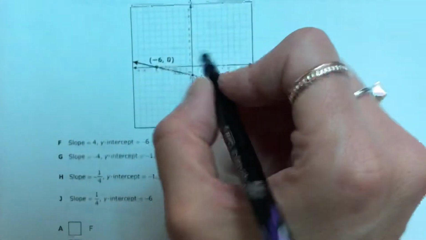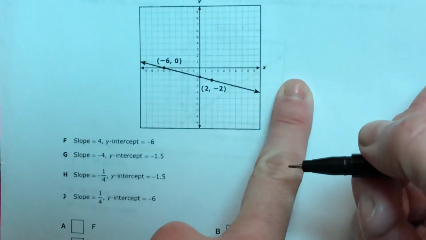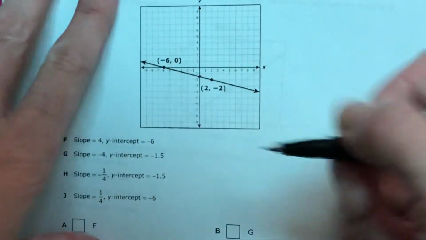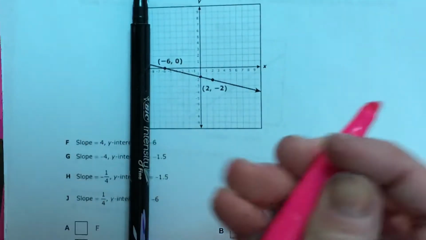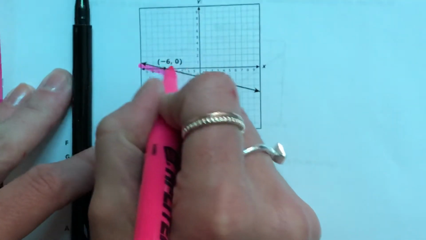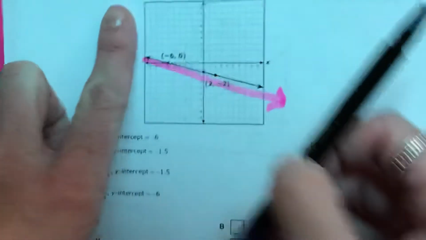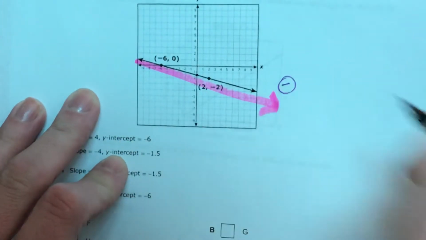That should help. Also, if you're looking at your graph from left to right, like we read a sentence, and even if it's slight, the line is going down to the left, that means it's got to be a negative slope.